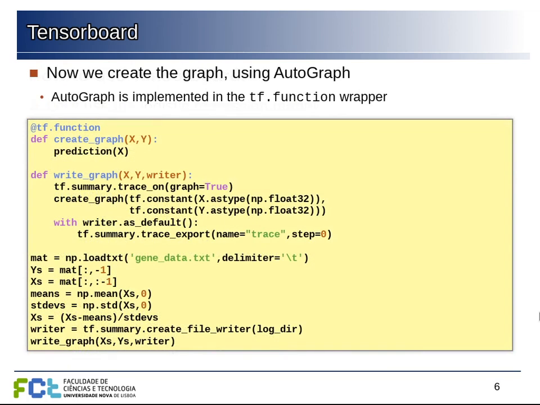So if we want to create a graph, we can use the autograph function of TensorFlow that can be used to trace all the computations and compile this into a TensorFlow graph that then can be optimized for execution.